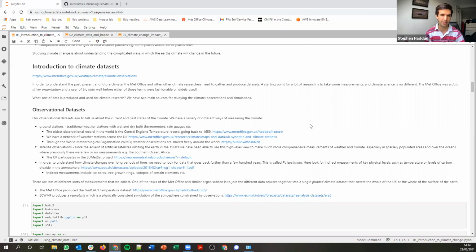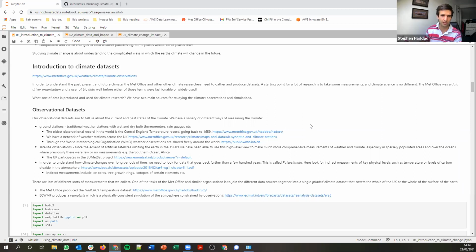So the first sort of data that we use is observational data sets, which come from a variety of different locations and have a variety of different sorts of measurements. So the most obvious sort of weather measurement that you might be familiar with comes from a weather station on the ground with a thermometer and a rain gauge and an anemometer and a wind vane and so on.